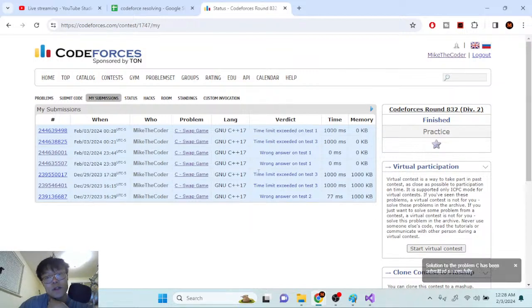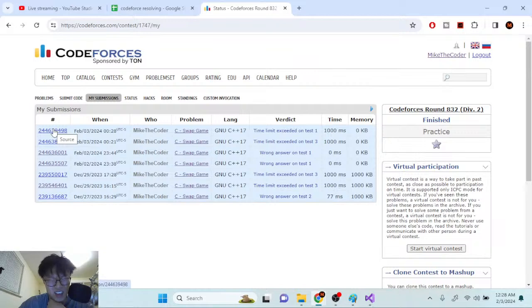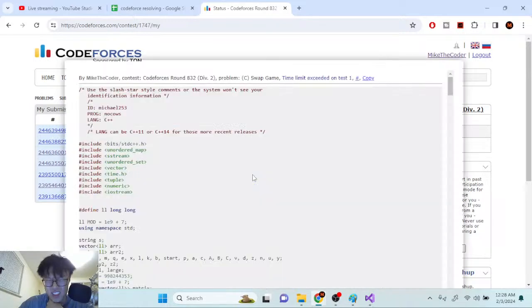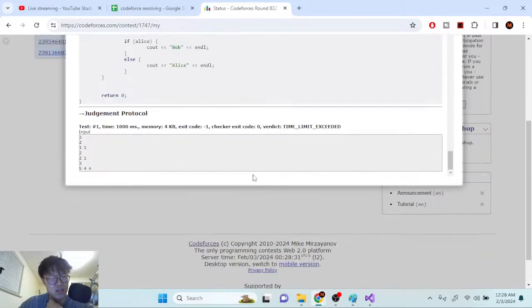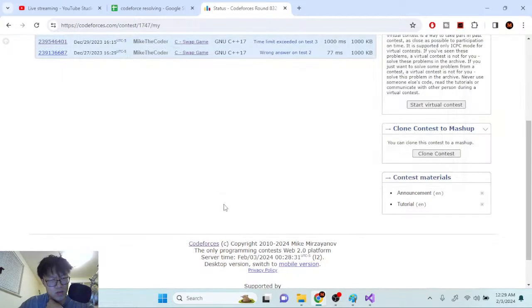It's going to fail at test 0. Time limit exceeded on test 0. What? Huh? What? Time limit exceeded. Oh, we hit less than 0.